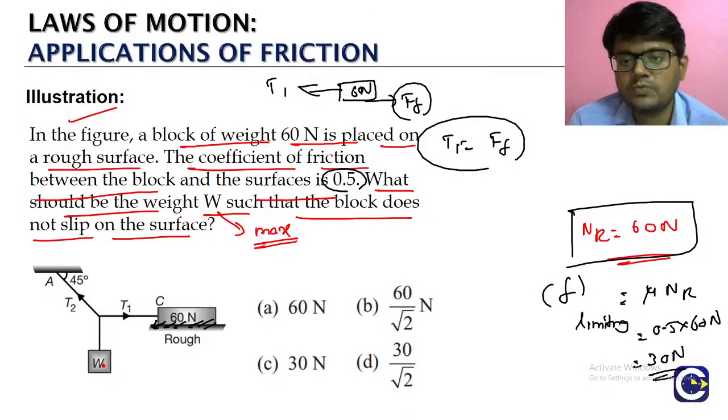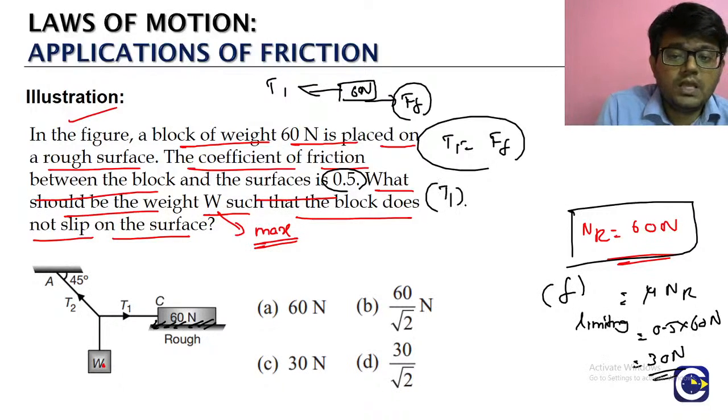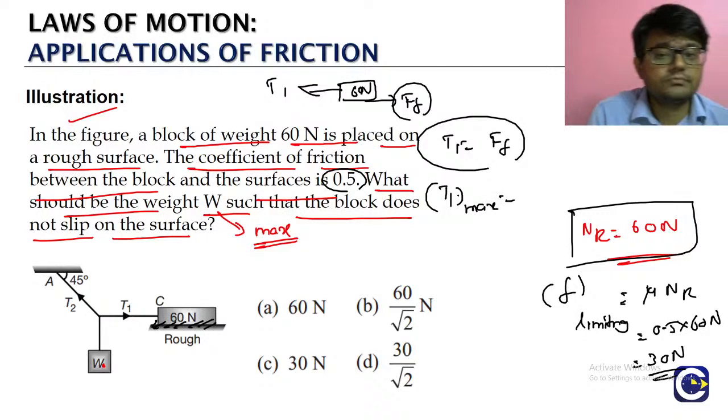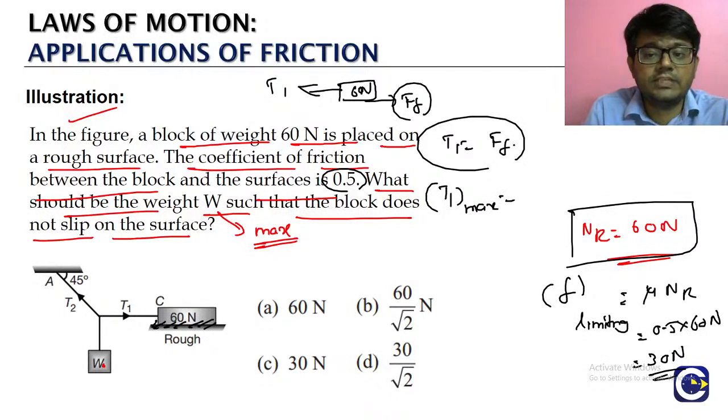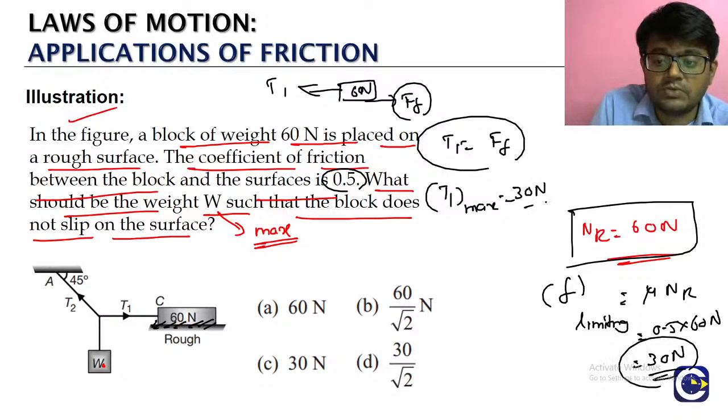What is the maximum allowed value for T1? Because friction can attain a maximum of the limiting value, the maximum allowed value for T1 is the limiting value of friction, which is 30 newtons.